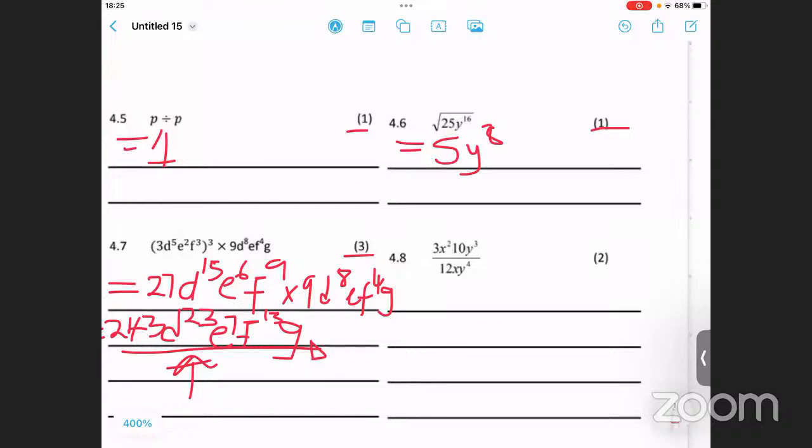You were gonna divide the denominator and the numerator by 3. Mm-hmm. And then, ma'am, I was gonna get 10xy to the power of 2 over 4. Oh, ma'am, I was gonna get 2.5xy to the power of 2. You were gonna get, say your final answer.